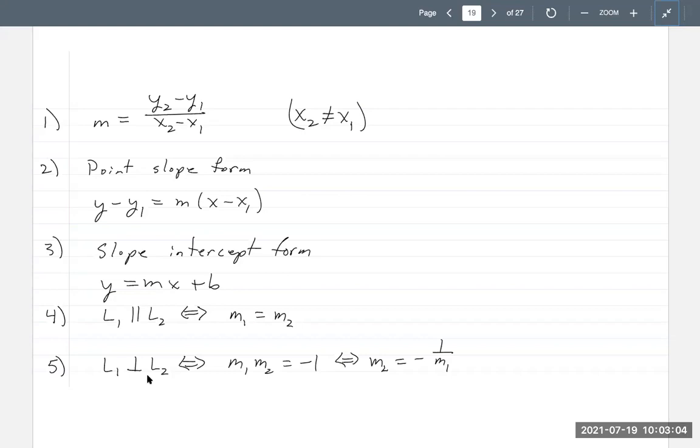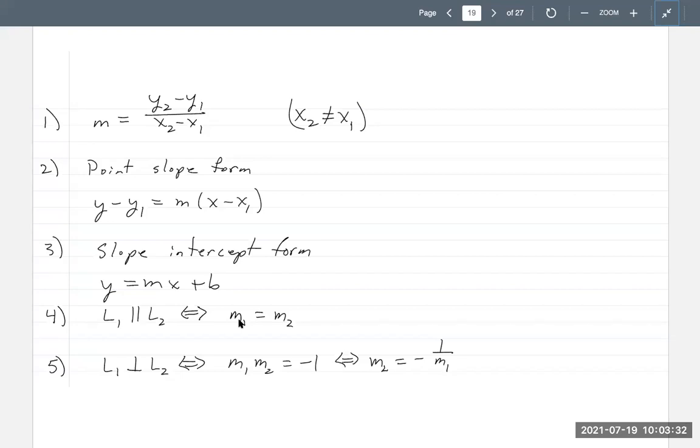Next, line L1 is perpendicular to line L2 if and only if the product of their slopes is equal to -1. Here, you have to assume that, well, when I said they don't exist, I really mean that a vertical line has a slope of infinity.